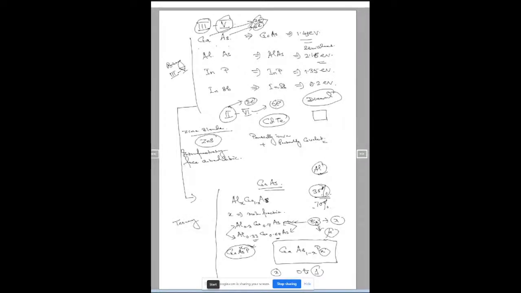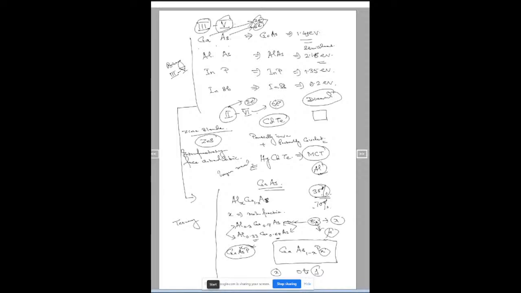The same thing can be done in the case of 2-6 also. For example, HgCdTe can be made. HgCdTe is a ternary 2-6 material. It is called mercury cadmium telluride, MCT material, which is used in optical detection at longer wavelengths.